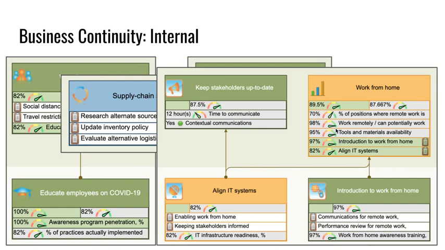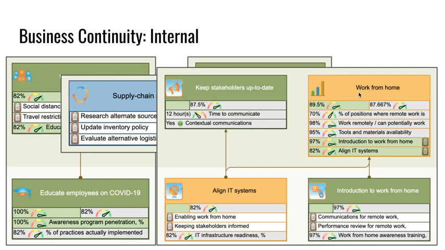What about the results? The results can be measured by such indicators as the percent of positions where remote work is possible, then the percent of positions that work remotely compared to the jobs that can potentially be done remotely, and of course the tools and materials availability.